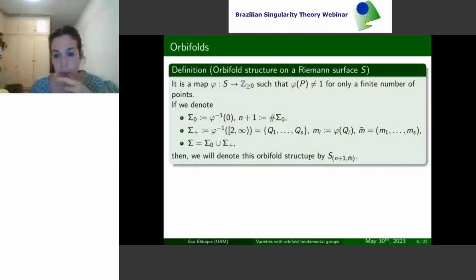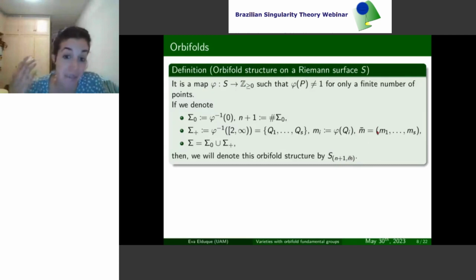We're just going to care how many of those there are and what the multiplicities are. So we'll just use this notation over here to encode this information. There's n+1 points of multiplicity 0, and then there's s points with the multiplicities given by whatever this vector is.